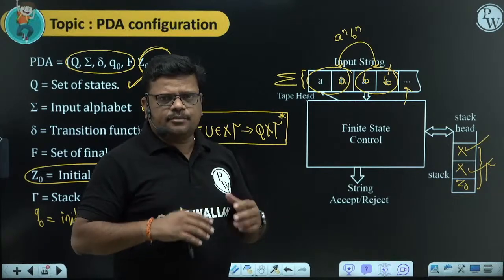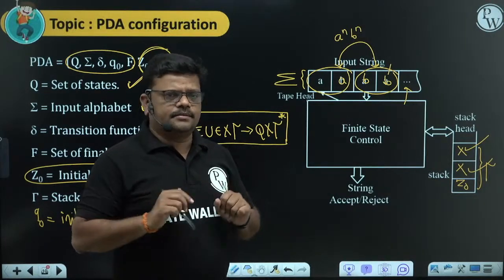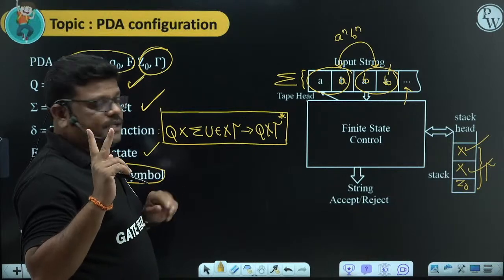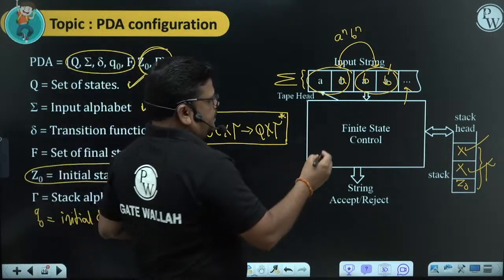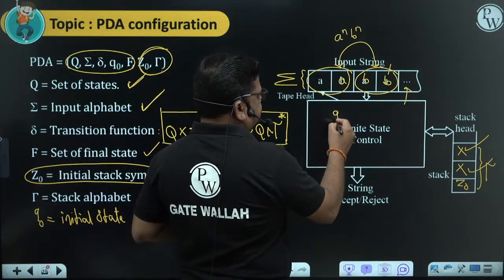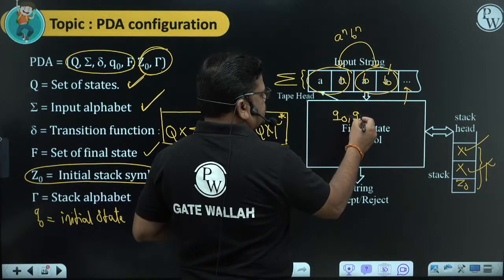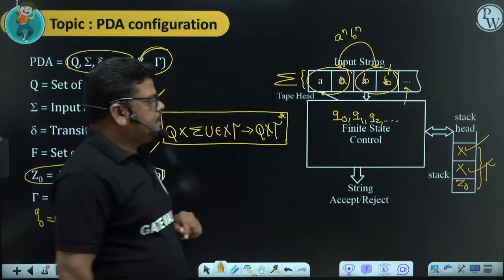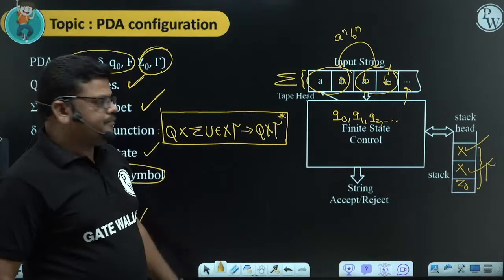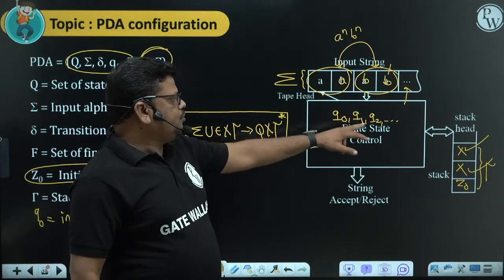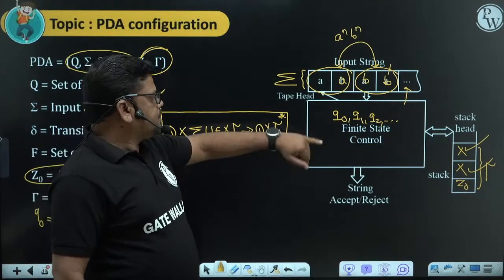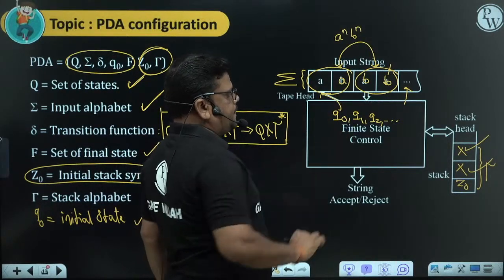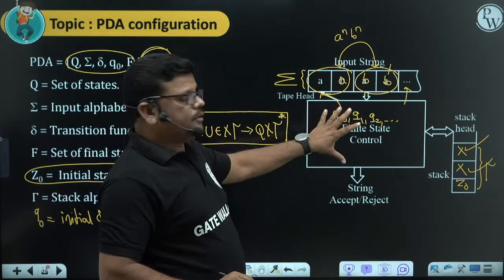This is the logic of how the PDA works. Now we'll construct the pushdown automata, then it will be clear. For that reason, a PDA takes decisions based on three things. Here our states exist: Q0, Q1, Q2. Here, from Q0, taking some input, this is up to finite automata.